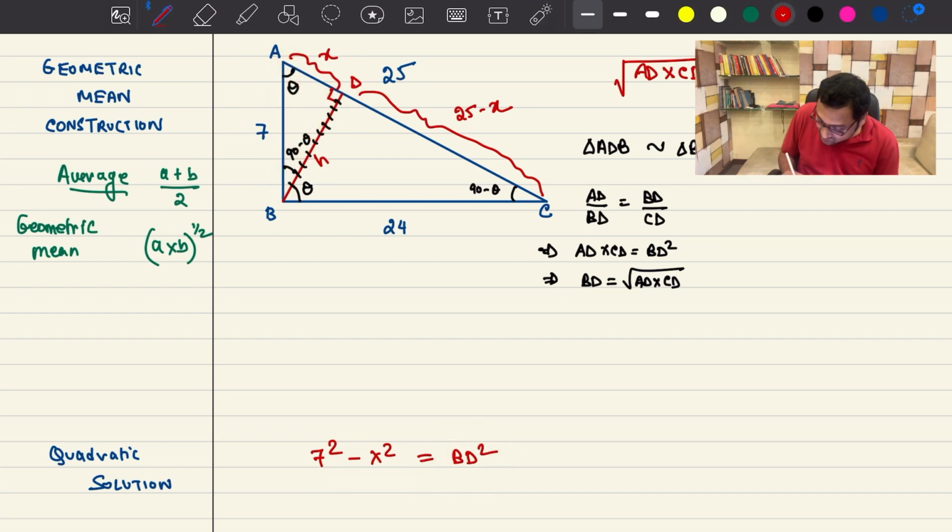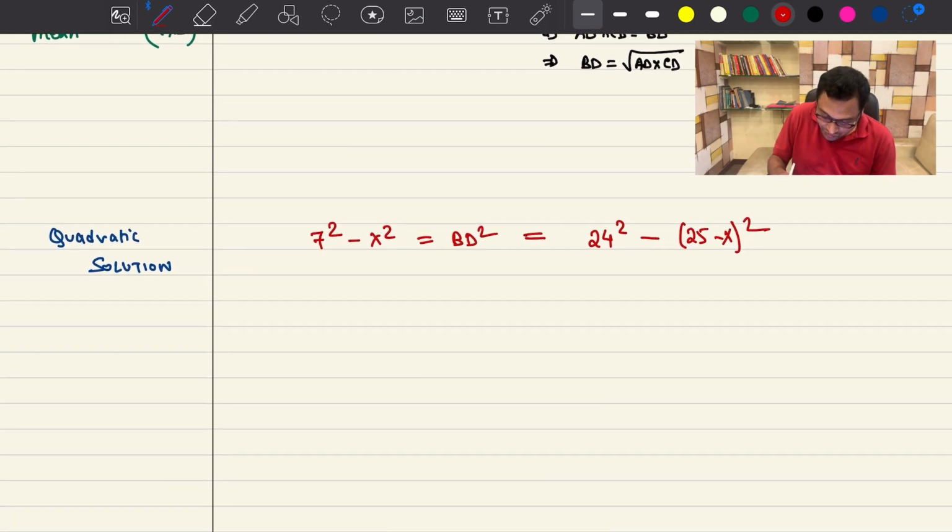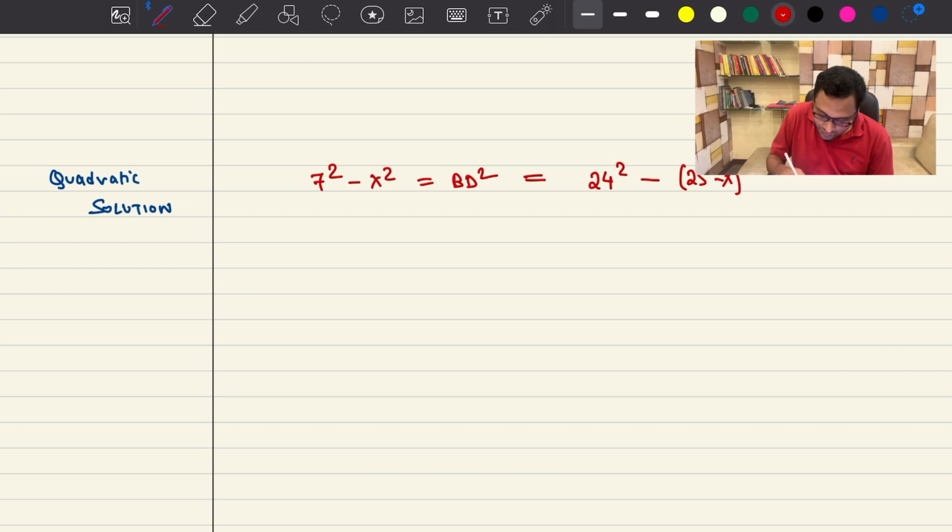And in this triangle, the right-hand triangle, we have 24 square minus (25 minus x) whole square is equal to BD square. That's it. So what you're going to do is equate these two things.